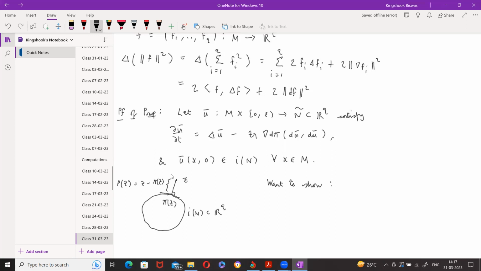So we want to show that rho composed with u bar is 0.